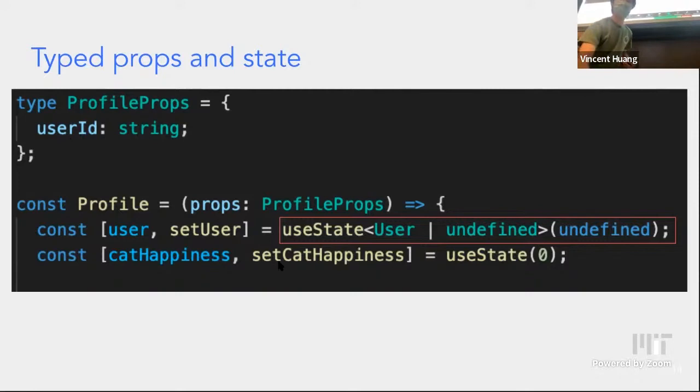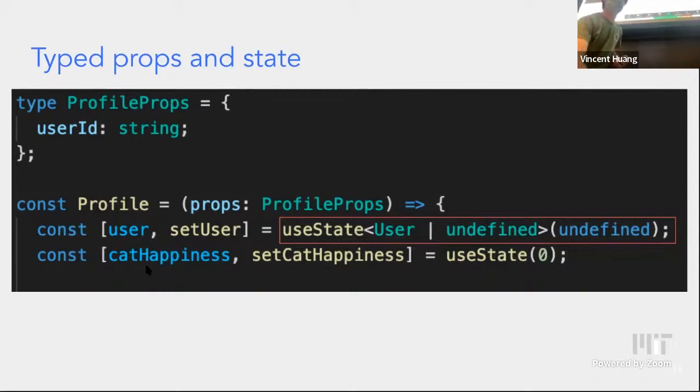Similarly, if we want to integrate TypeScript with state variables, the syntax is like this. We're still going to use the useState hook. Depending on the initial value we pass into useState, we might need to specify the type, or TypeScript can figure it out on its own.